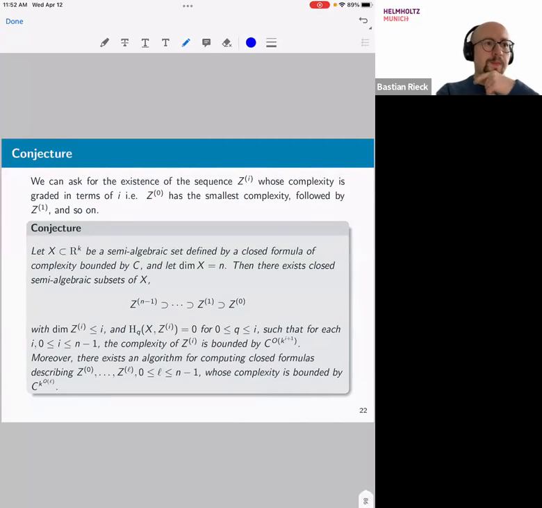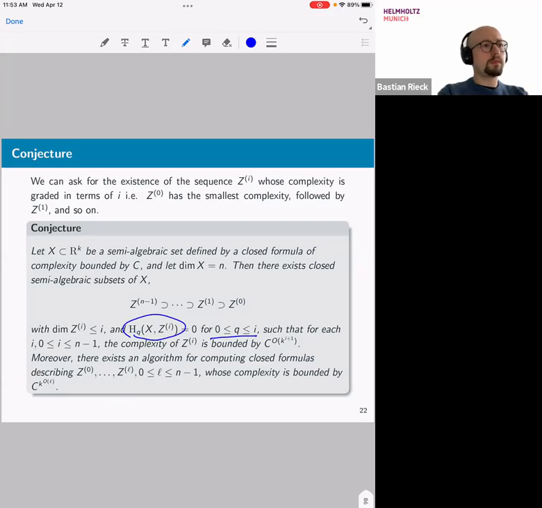And the conjecture is that suppose you're given a semi-algebraic set defined by a closed formula of some complexity of dimension n, then you should be able to find subsets Z sub I of dimension at most I, such that the homology of the pair is 0 in dimensions 0 to I. So that means Z sub I is an I-dimensional approximation up to homology of X. And moreover, and which is important, of course you can do that by taking Z sub I to be the I-skeleton of the triangulation.